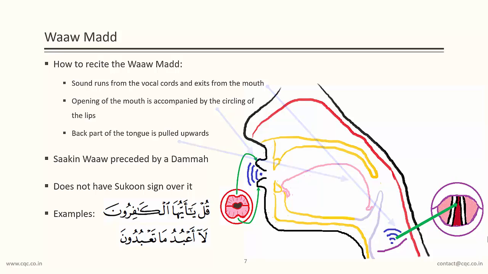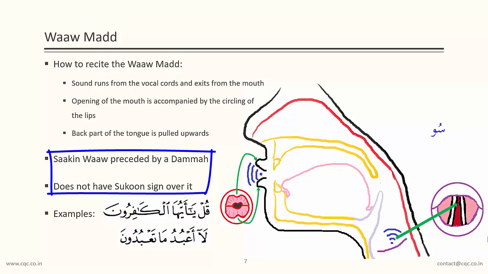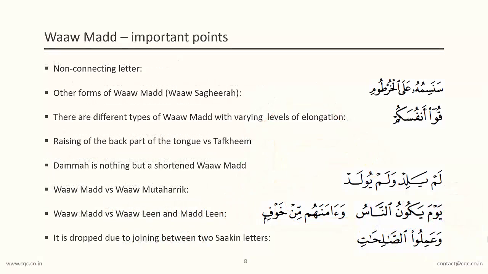How do you identify a Waw Madd? It is every sakin Waw that is preceded by a Dhamma. But it is unique in such a way that it does not have an actual sukoon sign over it, just like how we saw for Alif Madd. Now some important aspects related to Waw Madd. Firstly, it is a non-connecting letter, so it connects with the letter that comes before it, but it will not connect to the letter that comes after it, even if they are in the same word.